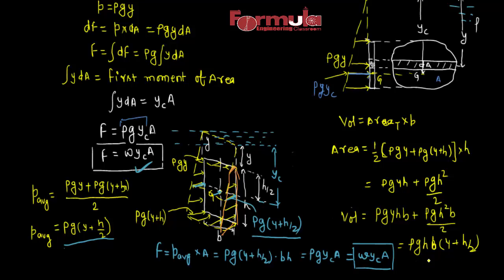Again we know y plus h by 2 is yc, h into b is the area, and rho g is equal to the specific weight w.